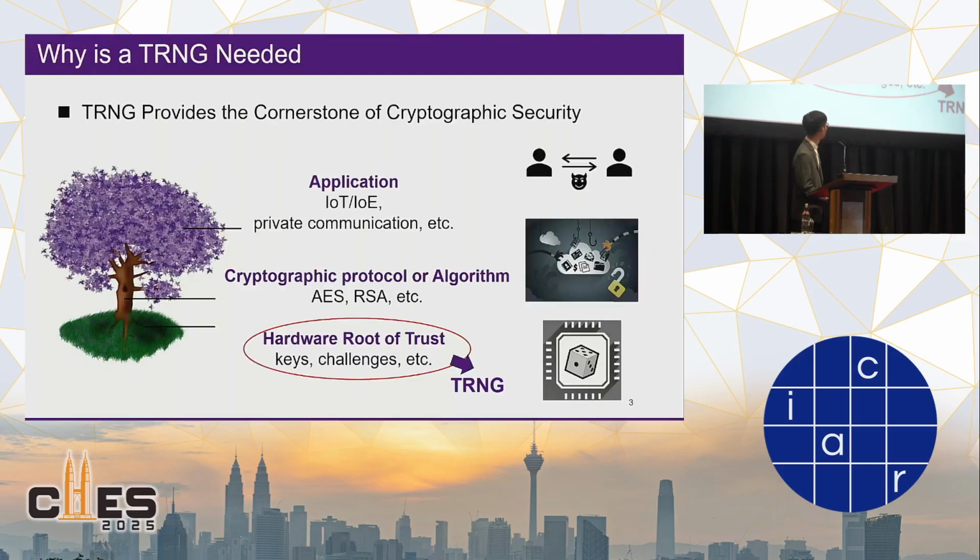So before we dive into the details, let's do a quick recap of why we care so much about true random number generators, TRNGs. They are the fundamental root of trust in our digital world.